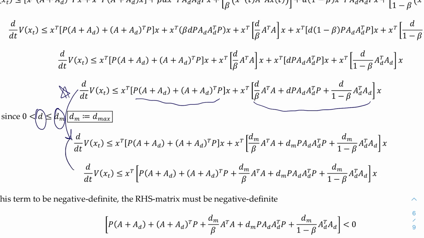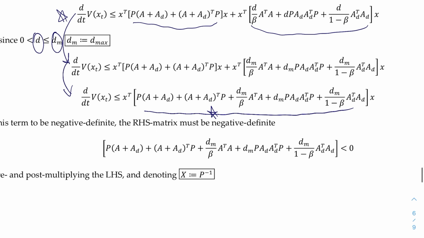Let's say that. And also let's put it in a matrix form, okay? And here we have that. So this matrix must be negative definite, right? Okay. We are very close, by the way. And here that must be negative definite.